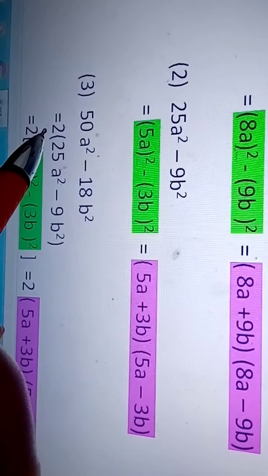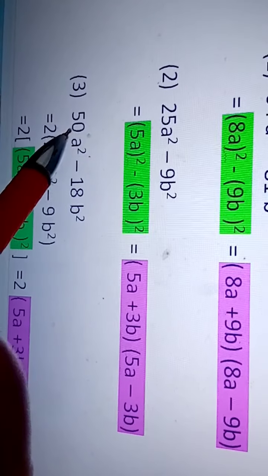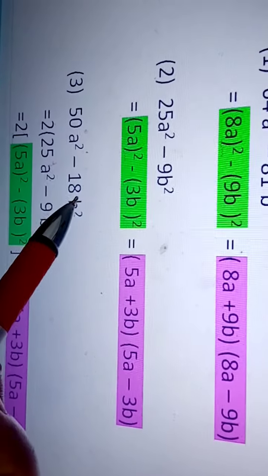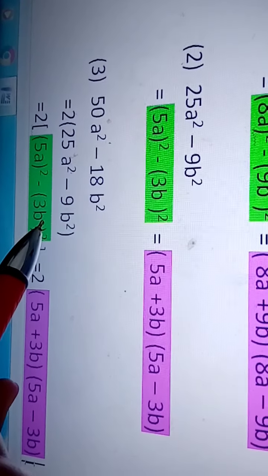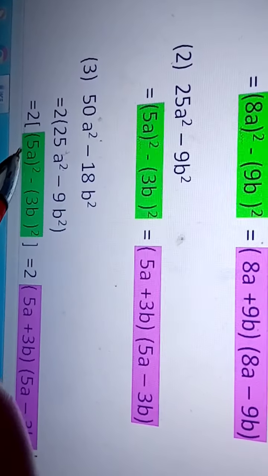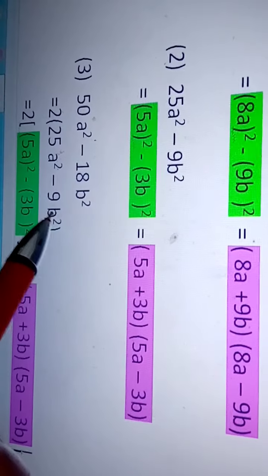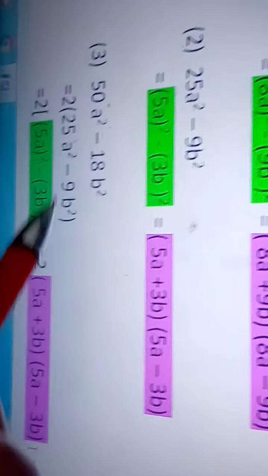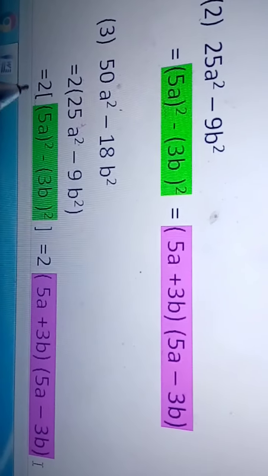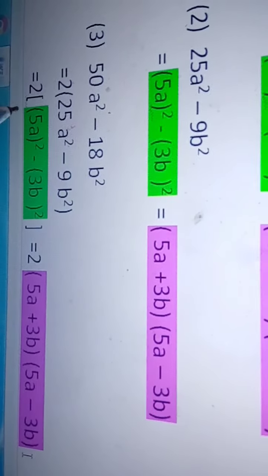So 2 can be taken out common. Now what is left here? 25. And from here if 2 is taken out, 9 is left. Now you can write 25 as (5a) whole square, and 9b square can be written as (3b) whole square. Listen carefully, this 2 is outside this square bracket.